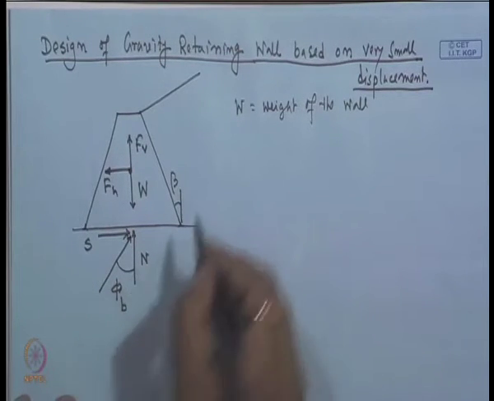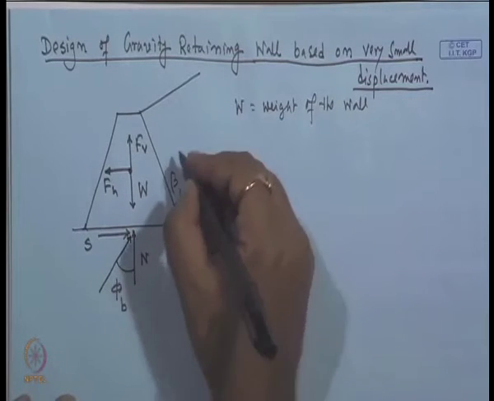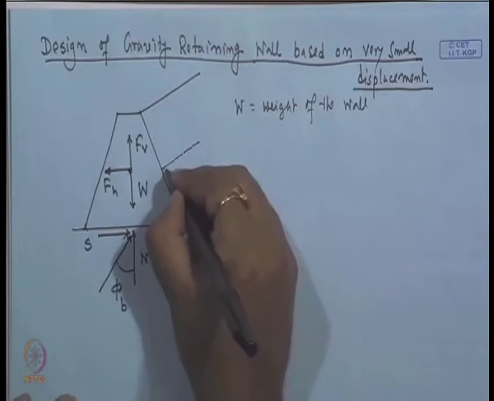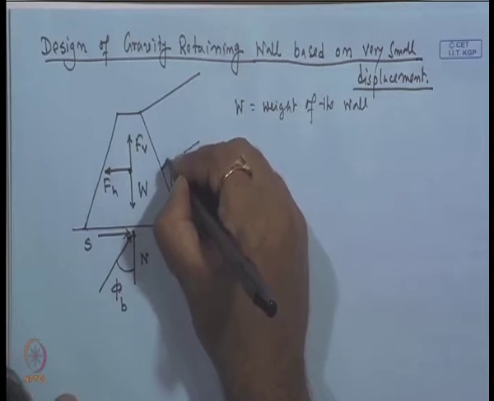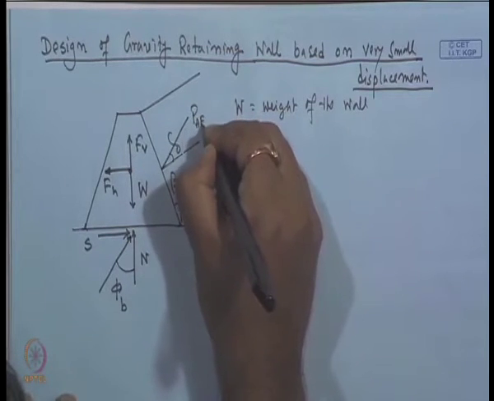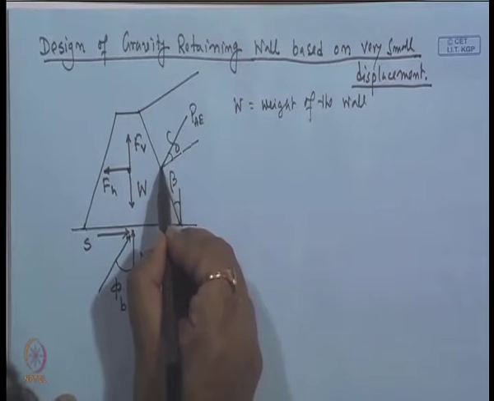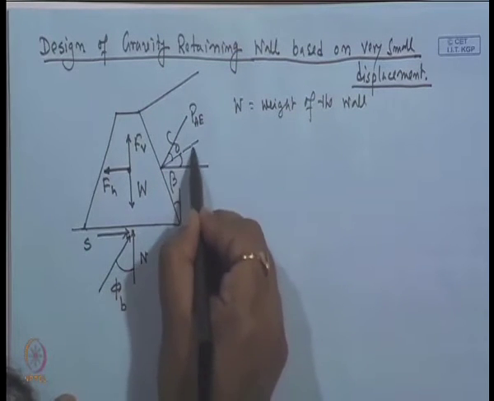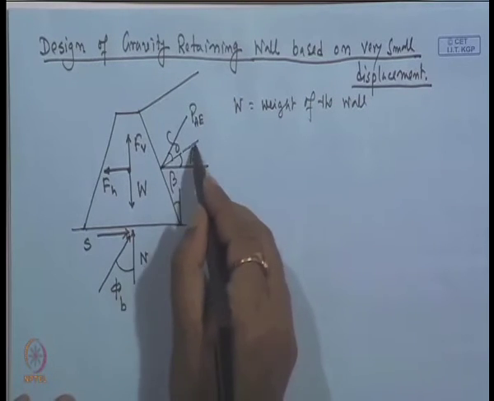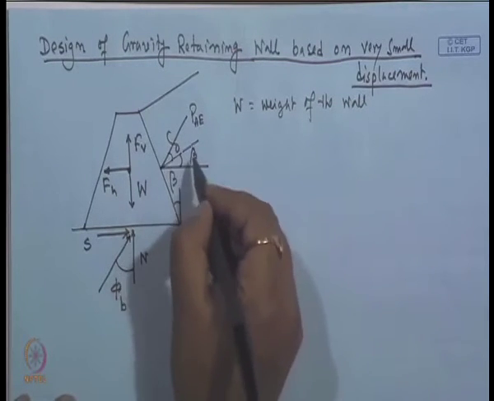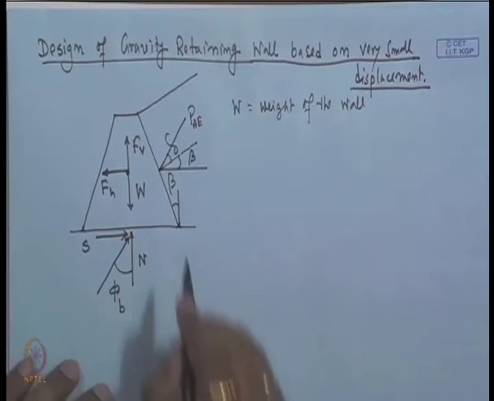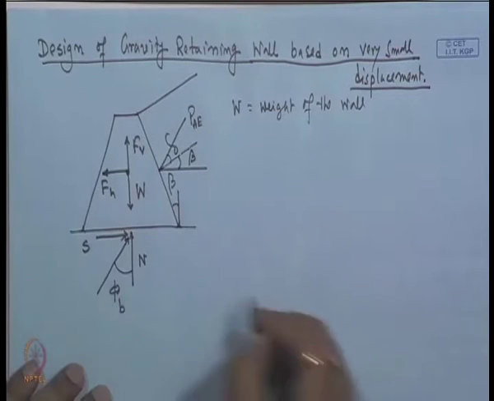Similarly, this is making an angle of 90 degrees, and with this angle delta, this PAE is acting. Now, if this is beta, then with the horizontal this angle will also be beta, because in total this is 90 degrees with the wall.